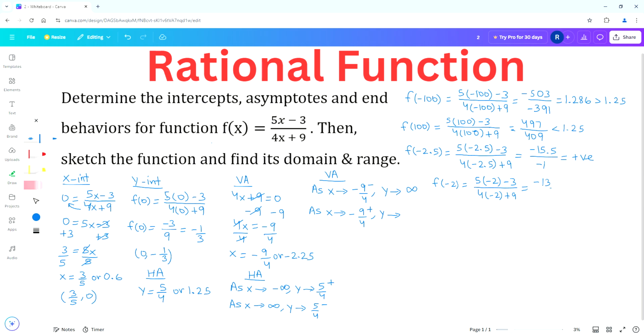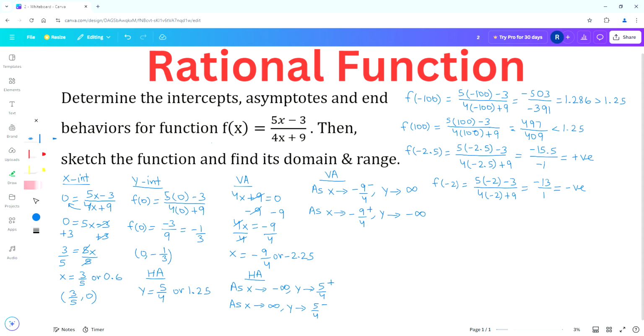The value of the expression in the denominator is 1. So the overall value is negative. That means on the right side of the vertical asymptote, the graph of the function approaches negative infinity. So these are the end behaviors for the asymptotes.